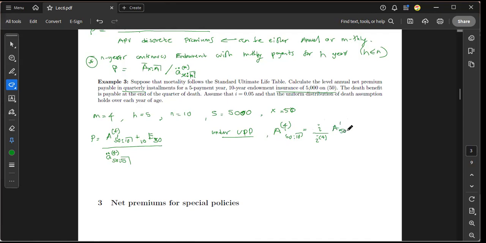The annual present value of the term life for 10 years multiplied by i and divided by i(4), which is the compound rate for 4 terms. And for this annuity due compounded for 4 terms, starting from 50 to 55, we can get it by here because it is under UDD.